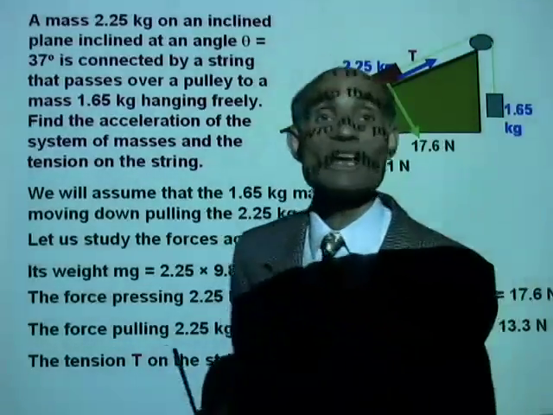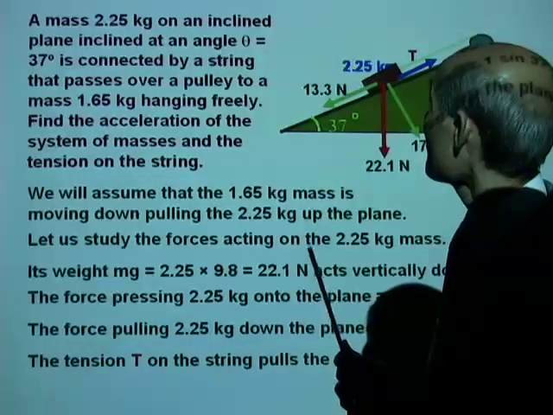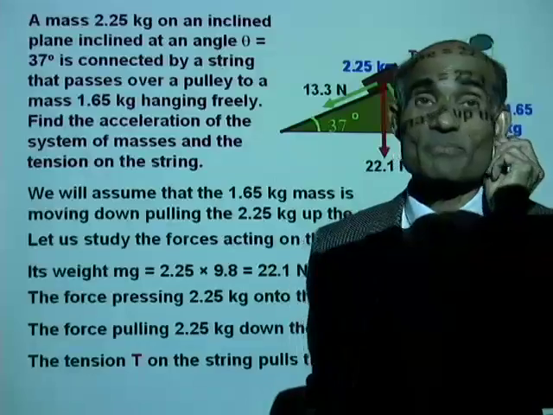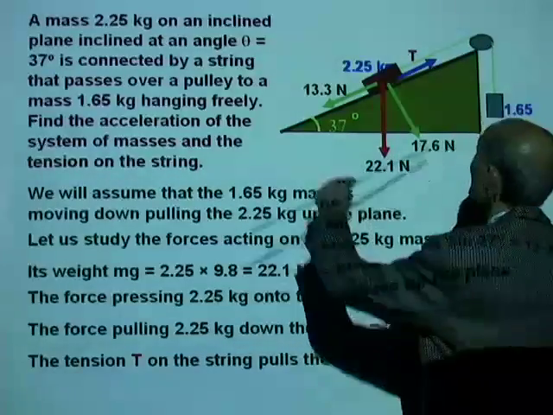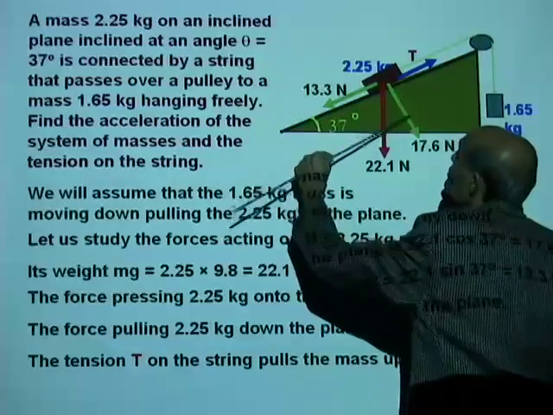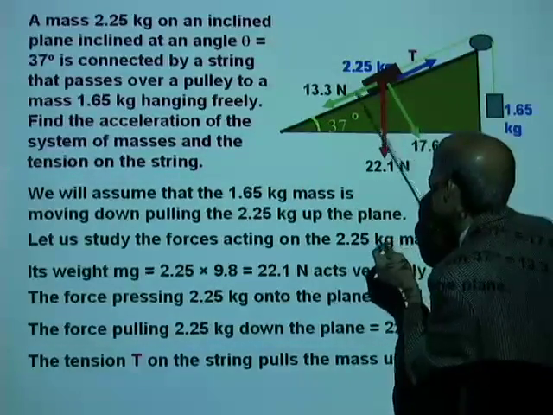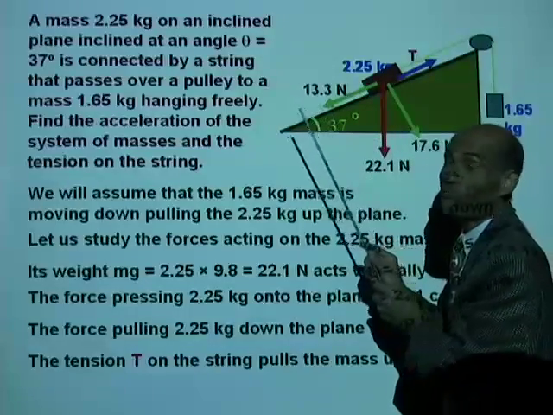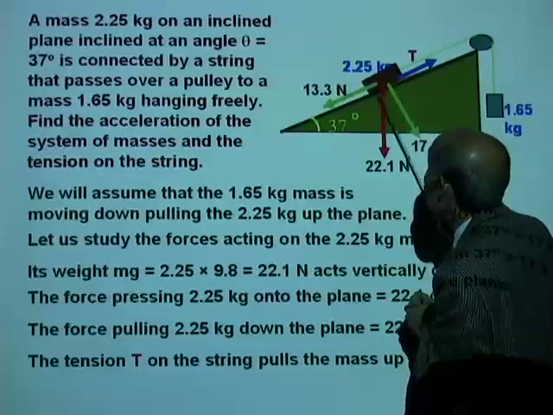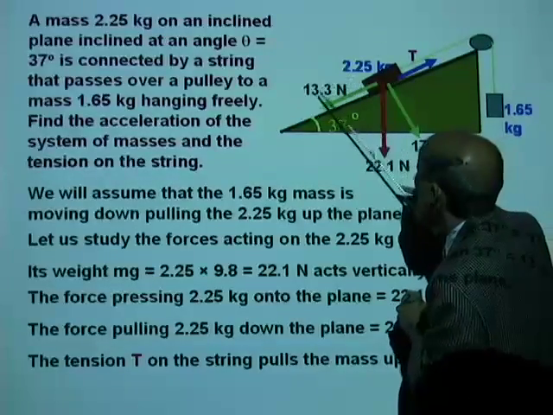Tell me, what is now the net force on that 2.25 kilogram mass? You can see the forces at right angles cancel. So only these two forces survive. Therefore, the net force pulling the box up the plane is T minus 13.3.